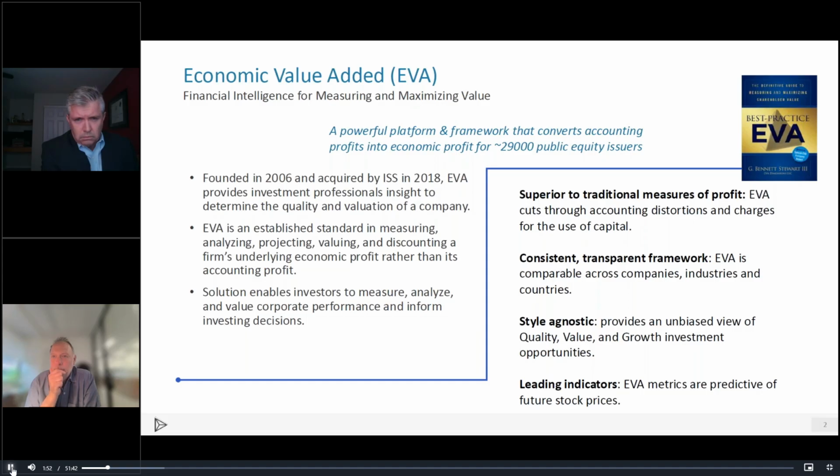Before we dive into the presentation, I'll just give a quick little intro from my side, and Casey, who's on the call with me, will give a quick intro from his side. So as Andrew said, I'm Global Director of Fundamental Research here at ISS EVA. I've worked for ISS Stocks for 6 years, but prior to that, I was actually working for a large British pension fund as an equity portfolio manager.